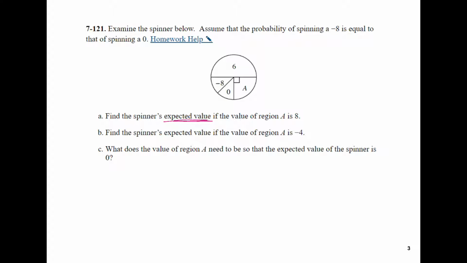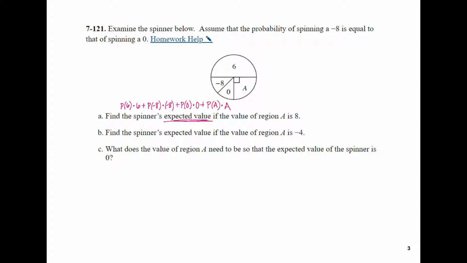So if A is equal to 8, we are going to take the probability of spinning a 6 times the number 6. We're going to add that to the probability of spinning a -8 times -8. We're going to add that to the probability of spinning a 0 times 0. And we're going to add that to the probability of A multiplied by the value of A.